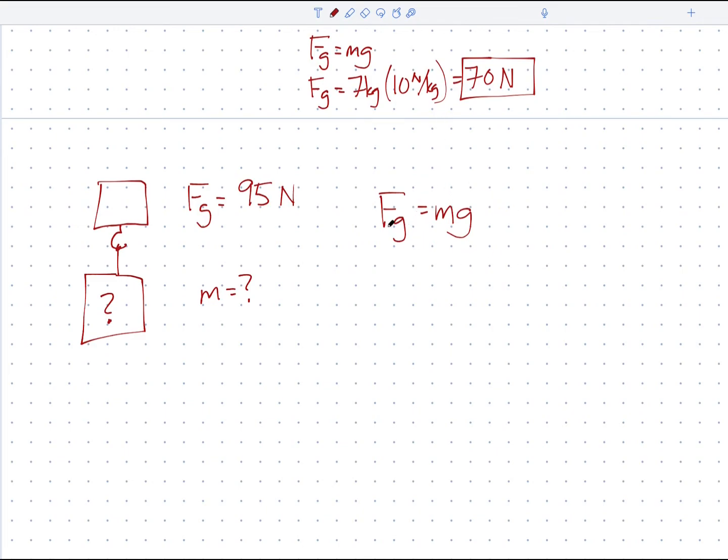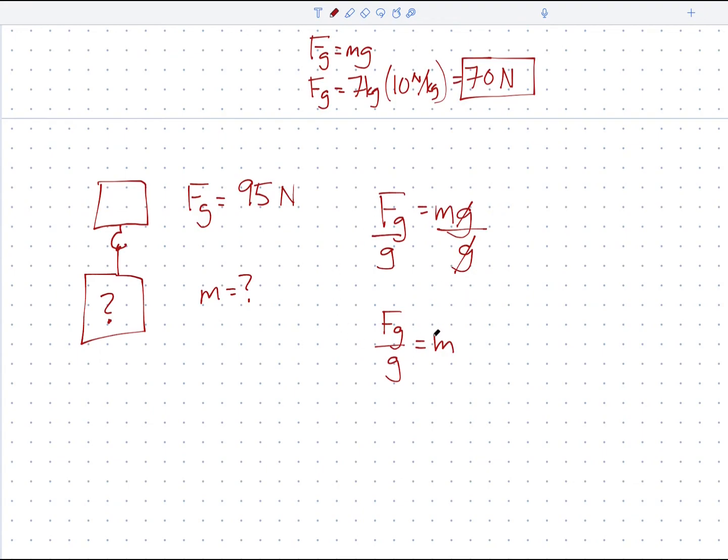To do that, and this is going back to some math that you've probably done before, I want to divide both sides by little g. Then little g cancels out on the right side because little g over little g is equal to 1. And we end up with the force of gravity divided by little g equals the mass.